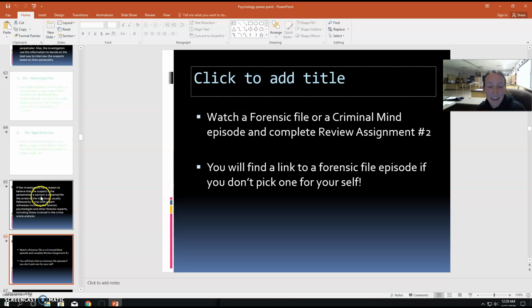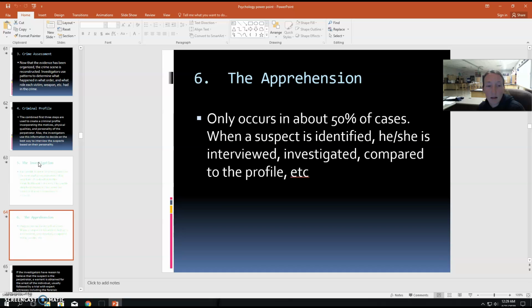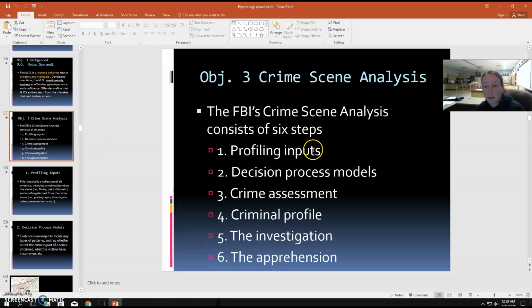So what I was thinking on that slide, I want to go back and talk about remembering what these steps are and what each of them does. Step 1, profiling input, gathering all the evidence. Step 2, decision process models, making connections. Step 3 is the crime assessment, so that's reconstruction of the crime scene. Step 4 is criminal profiling, delivering all of that, the evidence and the predicted behaviors, out to whatever task force they could use to help investigate.